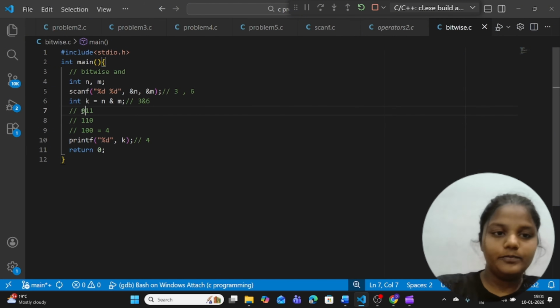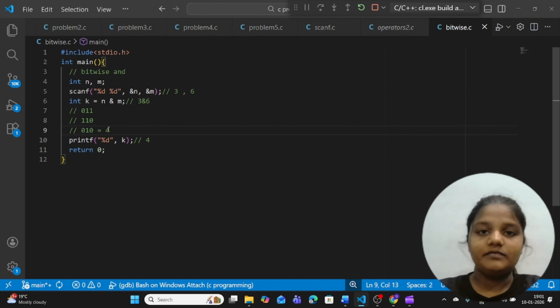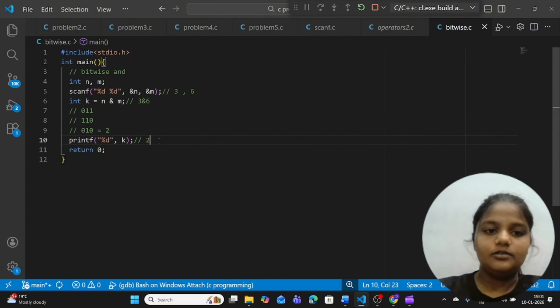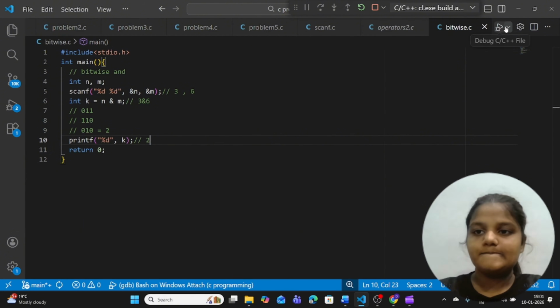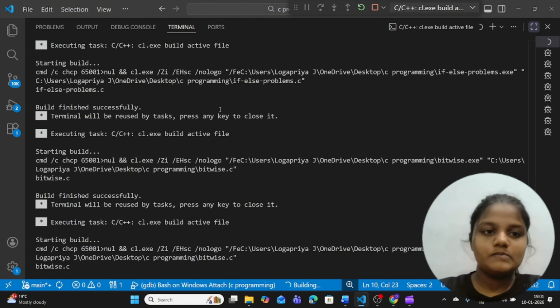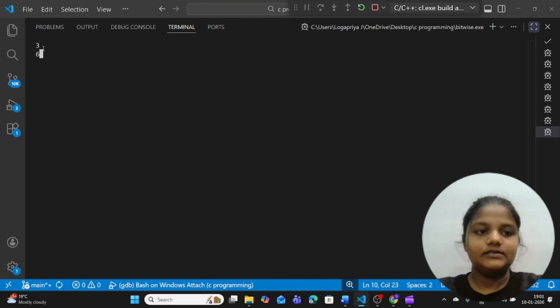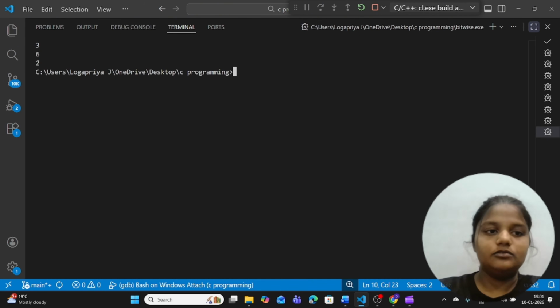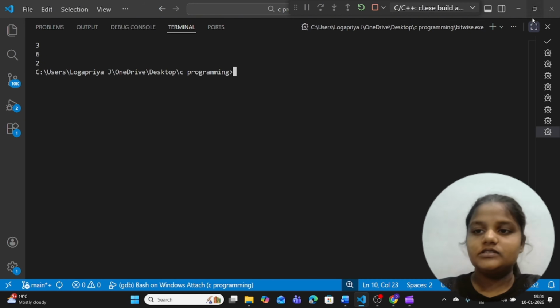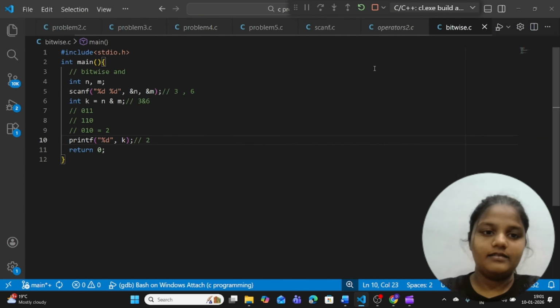If we do AND, here it is 0, here it is 1, and here it is 0. 010 means we will get 2. So in the output, we will get 2. 3, 6. We have got 2, right? So this is how the AND operator is working.